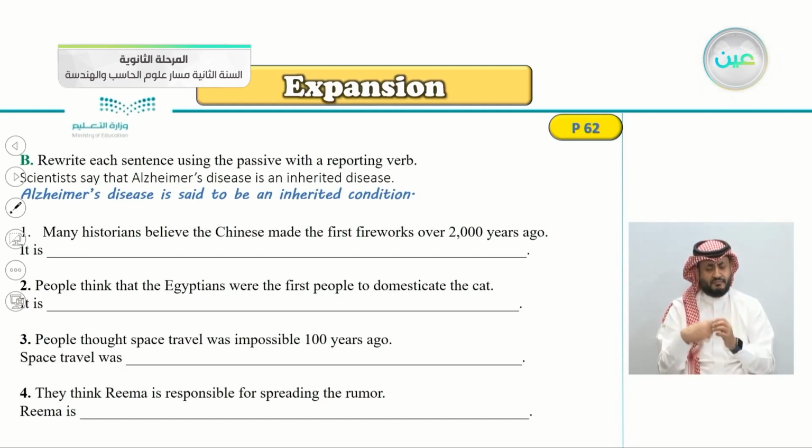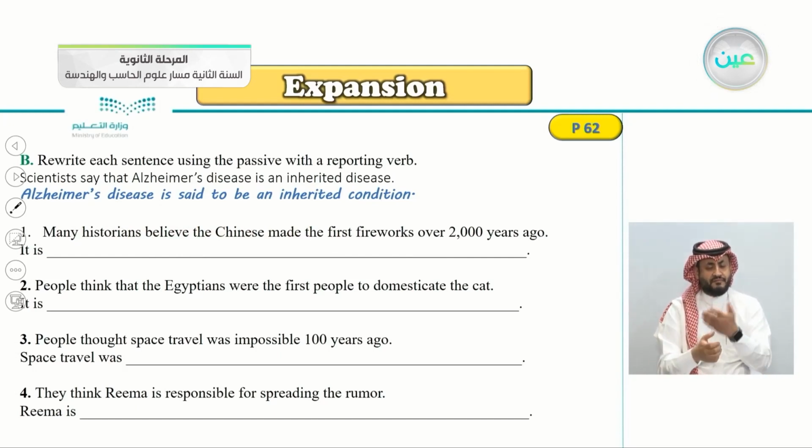Number 1, many historians believe that Chinese made the first fireworks over 2,000 years ago. So how do we make this one into reporting verb?